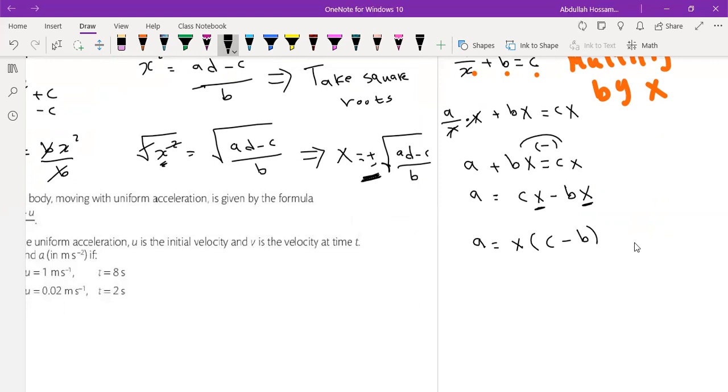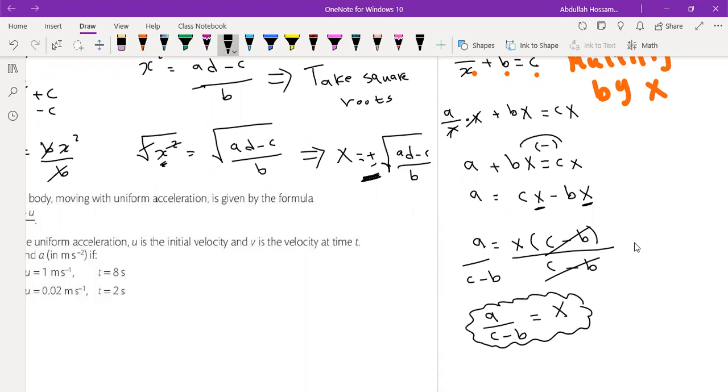Then you divide by the coefficient of x. And then you have x equals a over c minus b. And here we're done. X equals a over c minus b.